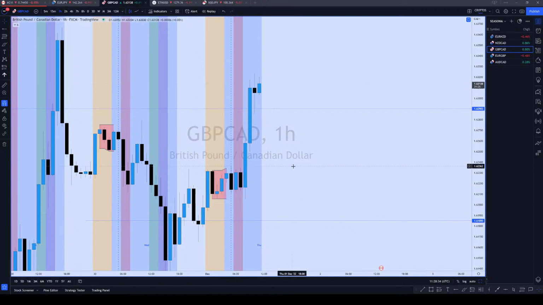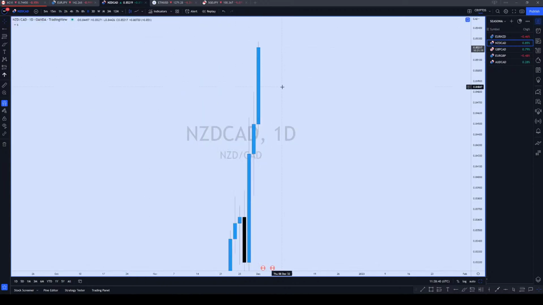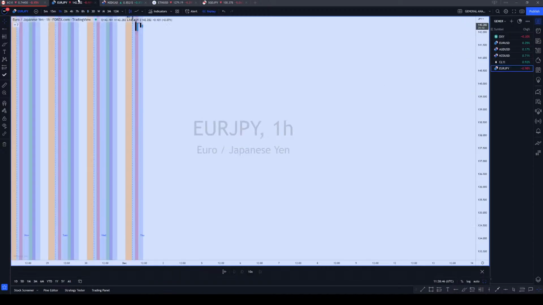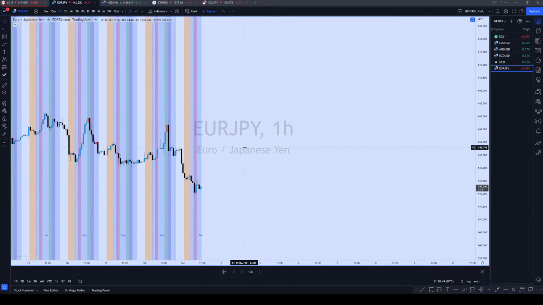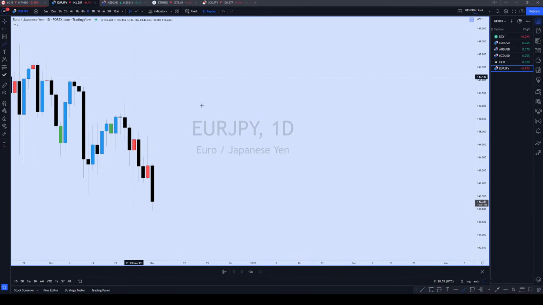Okay, let me show you another example. I think New Zealand CAD is not that great as an example because it's just too bullish and so obvious. Let's look at something that's not obvious. Okay, let's go to the daily. Let me use the Euro Yen.